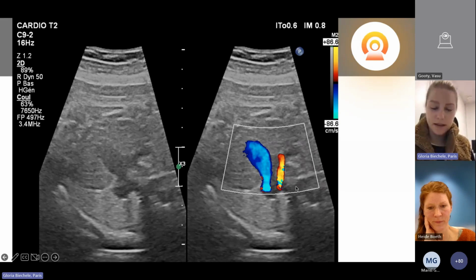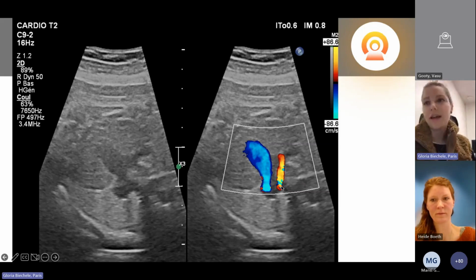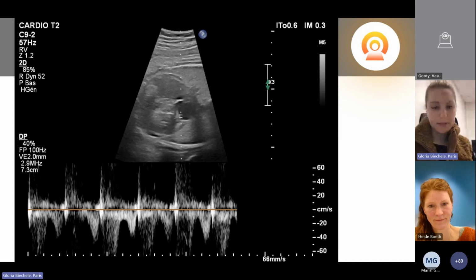So the trachea has to be just ventrally, and the aorta is passing on the left side. Pulmonary bifurcation with pulmonary branches were of normal size and course. So tricuspid and mitral flows were normal with no significant leakage here. The mitral valve is shown exemplarily, and apart from that, we saw a retrograde flow of the arterial duct.